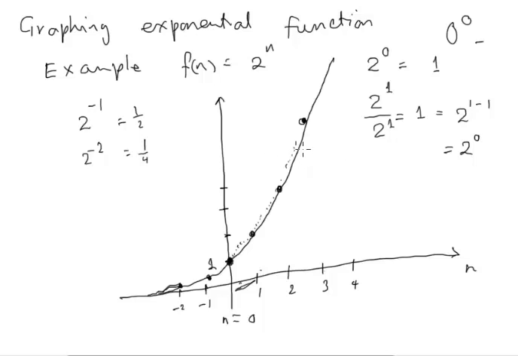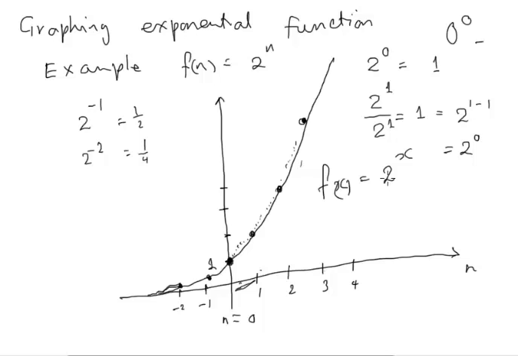Then the dots are f of n equals 2 to the power n. The solid graph is f of x equals 2 to the power x, and you call that an exponential function. Are we together, guys? Are we together? Okay.